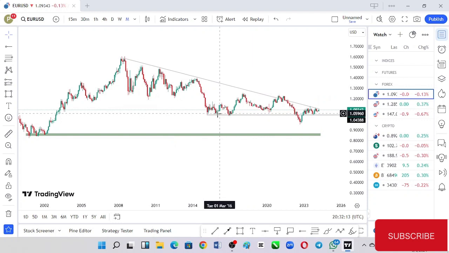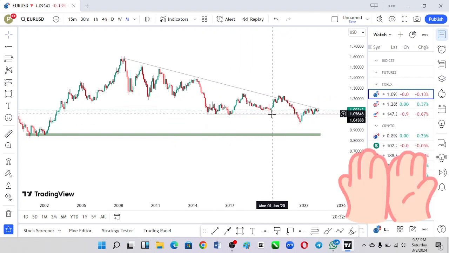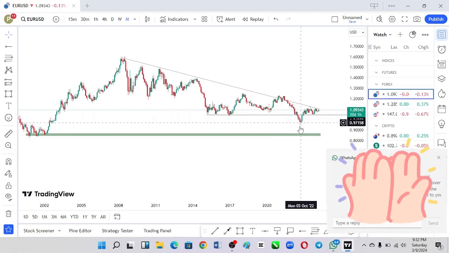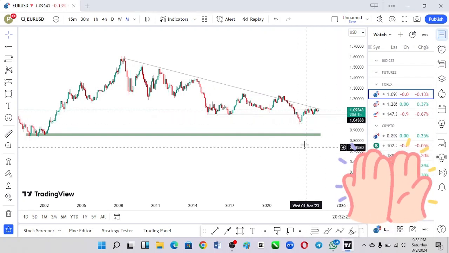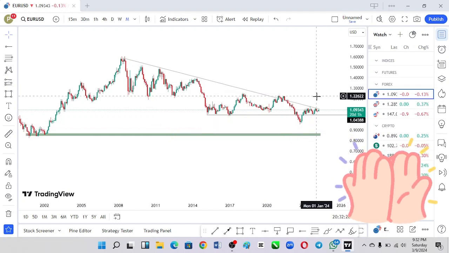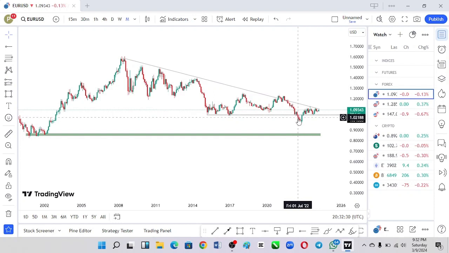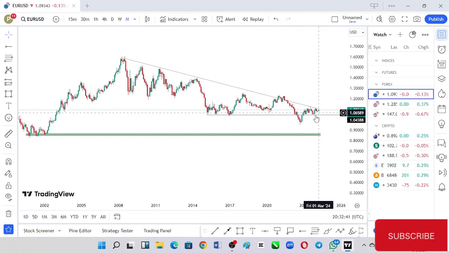We had one touch, two touch, three touch, and then although those didn't touch, we had a break. We had a touch right about here, a break, and then it shoots to the upside, and then price retraces back, respecting the trend line obviously.